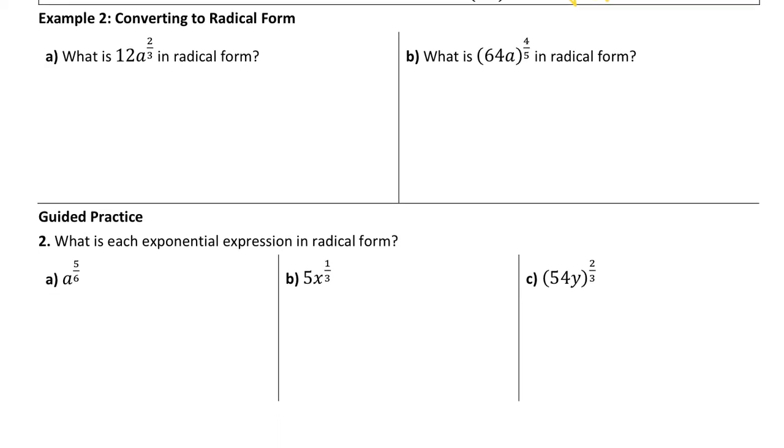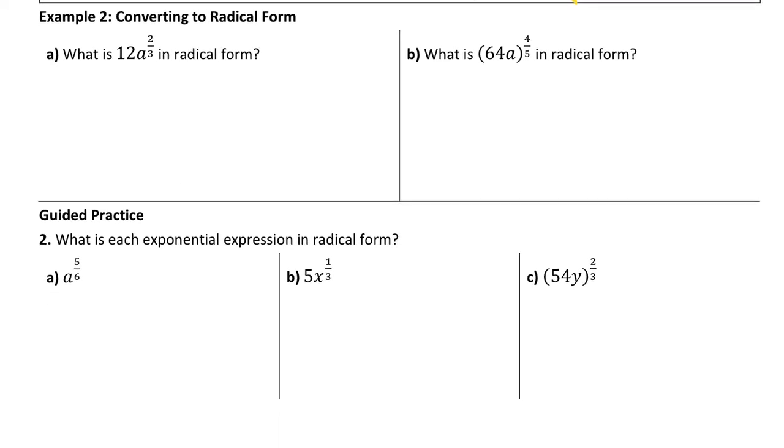In part A, rewriting 12a to the 2/3 in radical form, that really is 12 times a to the 2/3. So this would be 12 times, and the way I'd write this is, I'd write that root symbol, and I want you to understand what this means. It's the third root, the cube root of a squared.